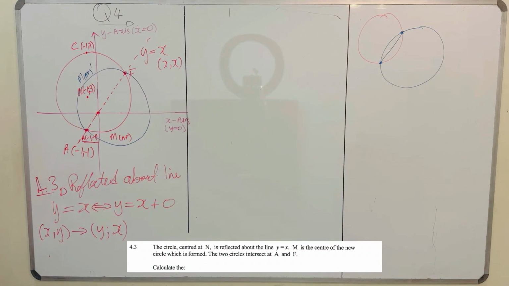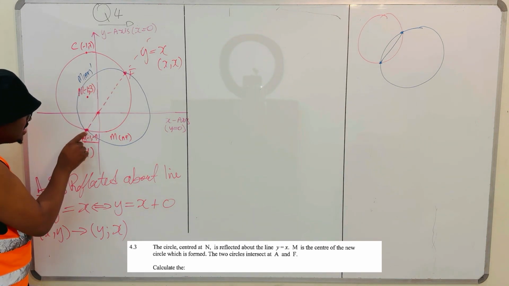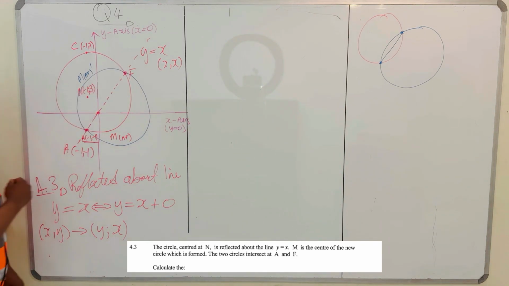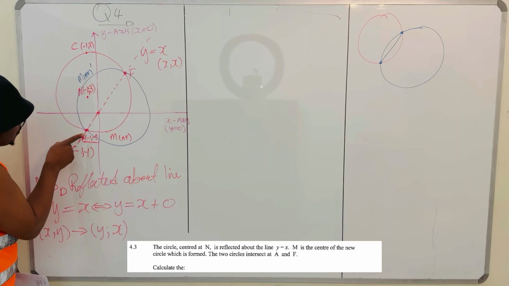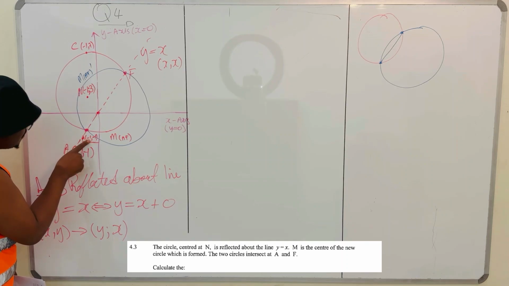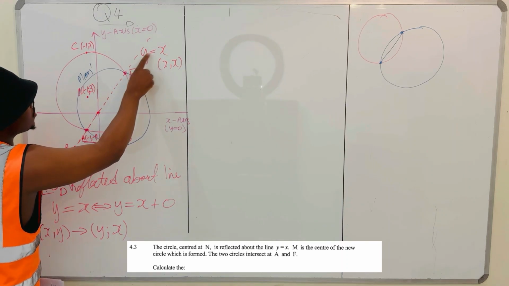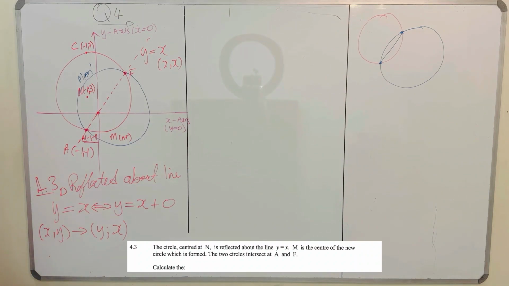X and y are equal at all times on this line. So this point A lies on this line. That's why I joined this line such that it passes through this point, because its coordinates are the same, which means it lies on the line y is equal to x. That's what we need to know.